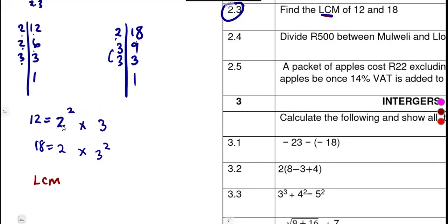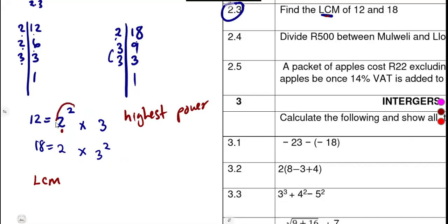But where we have such a condition like the numbers are common, like there's a 2, there's also a 2, you must take the one where we have got the highest power or the highest exponent. But remember, I said every number has to be there. Meaning to say 2 as it is appearing on these numbers, it has to be there.